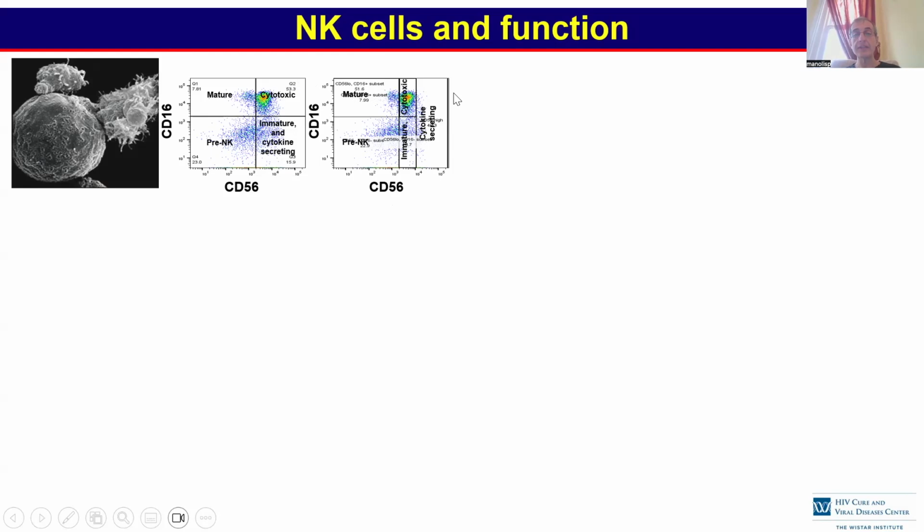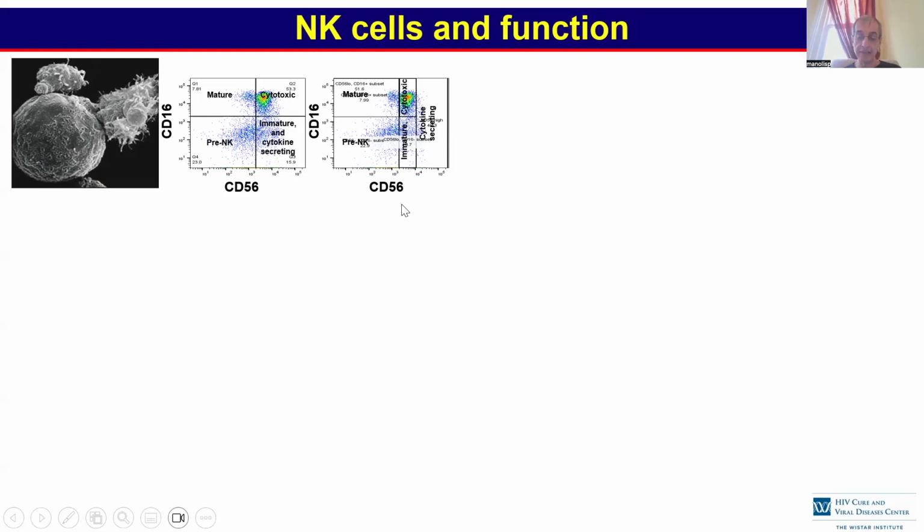These bright cells could have CD16 or not, and they are primarily cytokine secreting cells, while the cytotoxic are primarily CD56 dim and CD16 positive cells. There are also described in the literature mature NKs that have CD16 but don't express CD56, and more immature NKs that express CD56 bright but lack CD16.